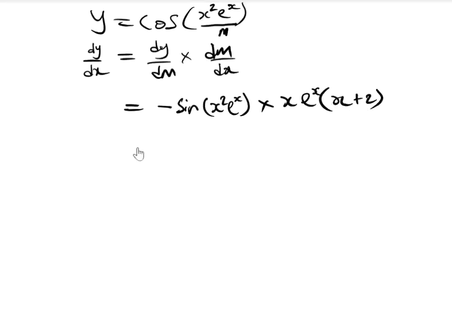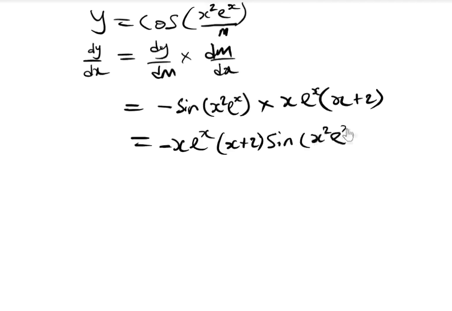So our final answer would be (x exponential x plus 2) times minus sine(x squared exponential x).